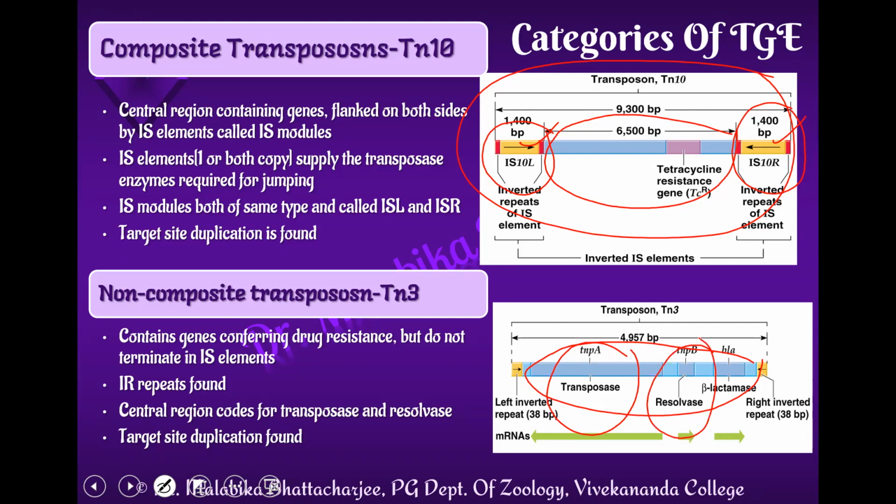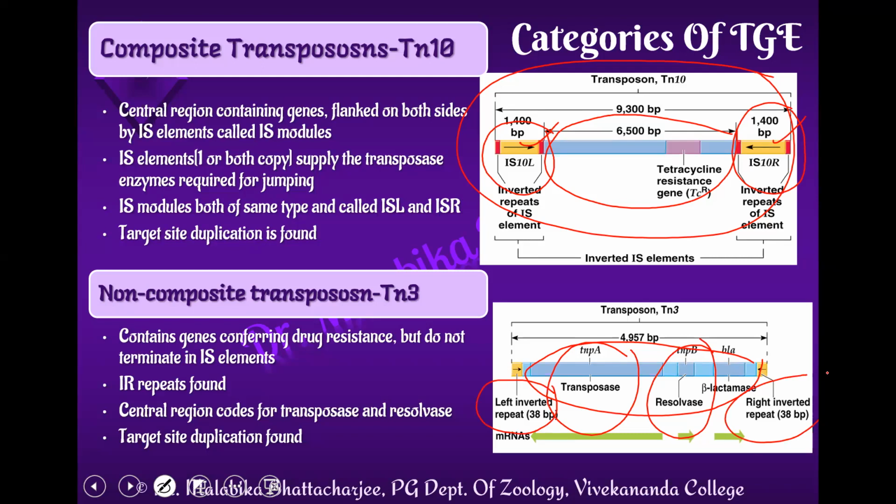This is a replicative transposition, so it keeps a copy of itself and then moves out into a new area in the chromosome, so it has another enzyme, the resolvase. There's a third enzyme present, not associated with the transposition phenomenon, but beta-lactamase. And you can see on the two boundaries, there are about 38 base pair inverted repeats, a left inverted repeat and a right inverted repeat.